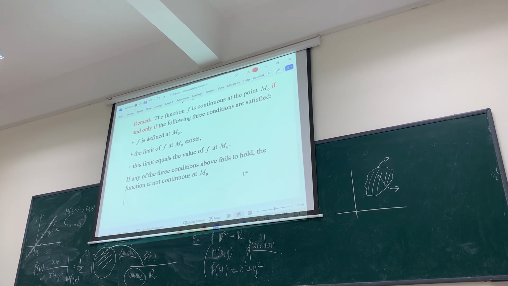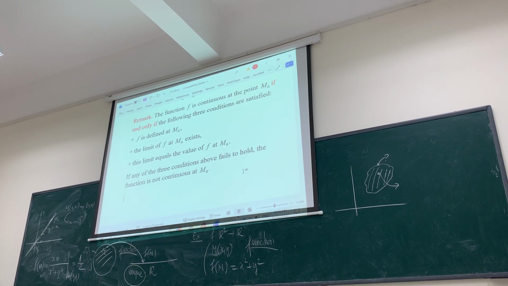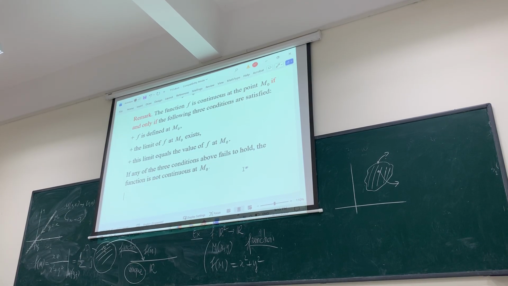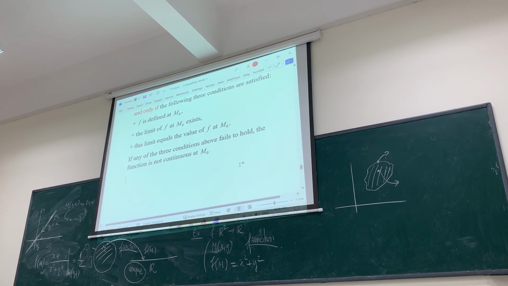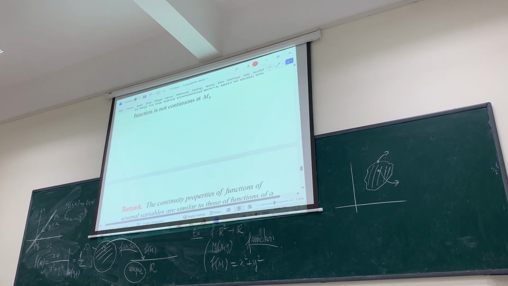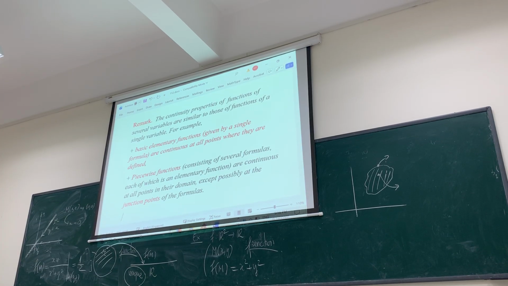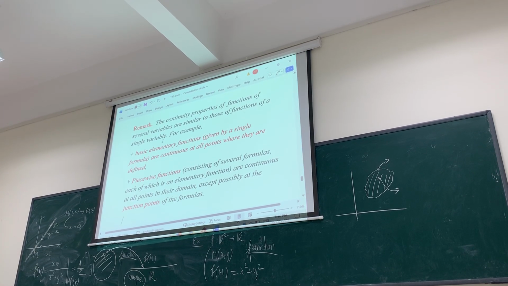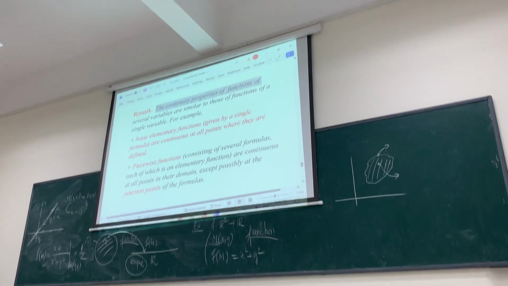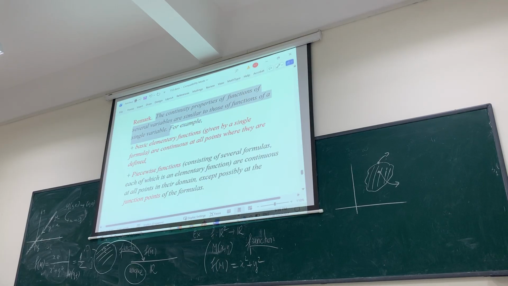Okay? Before I give you an example related to the function, I think we need some properties related to functions. Now, we accept some properties. Continuity property of functions of several variables is similar to the function of a single variable.